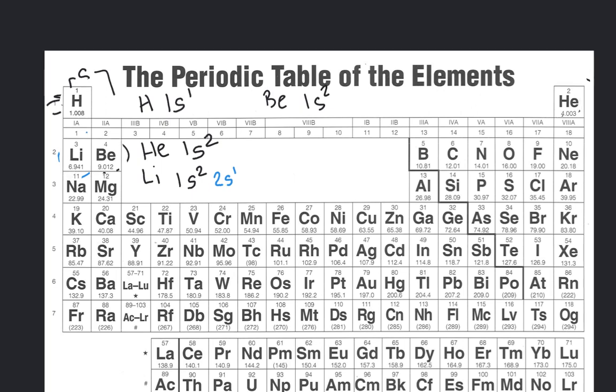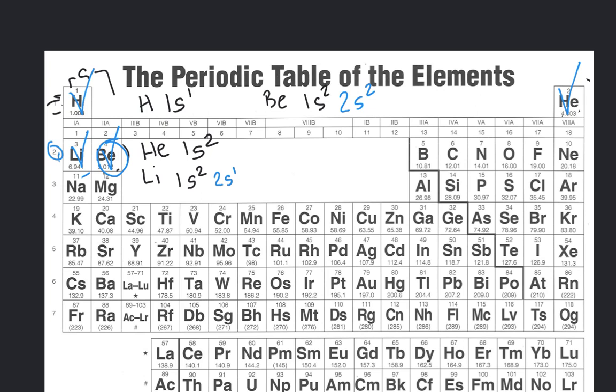So if we're doing beryllium, beryllium is right here next to lithium. So let's start from the beginning. So 1s1, 1s2. So that's the first one, 1s2. And then we go down to the second energy level, 2s1, 2s2 is filled. It's 2s2. And so that's 4 electrons, and we're done because we're at beryllium. And we count our electrons. 2 and 2 is 4, and we have 4.